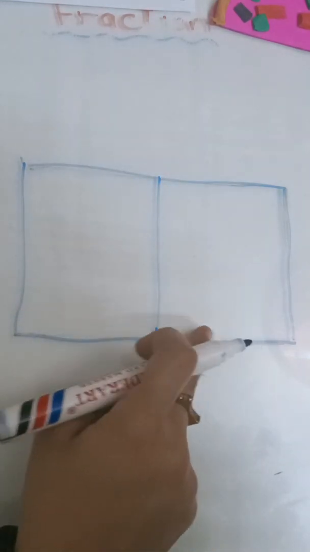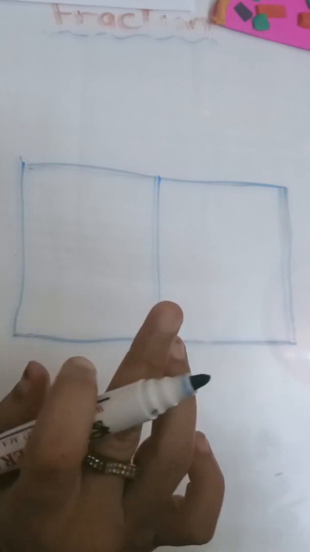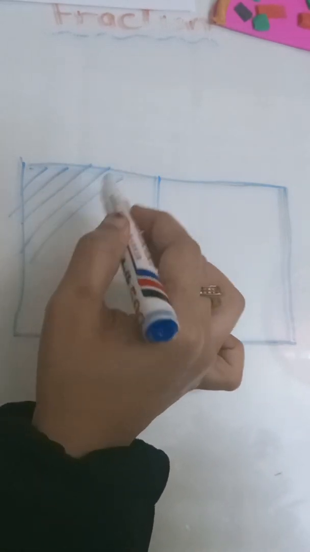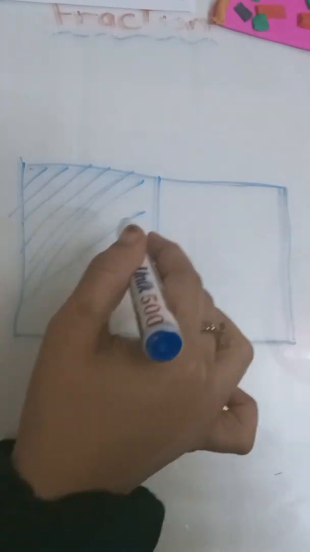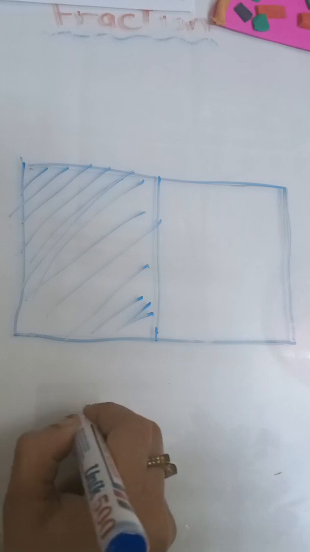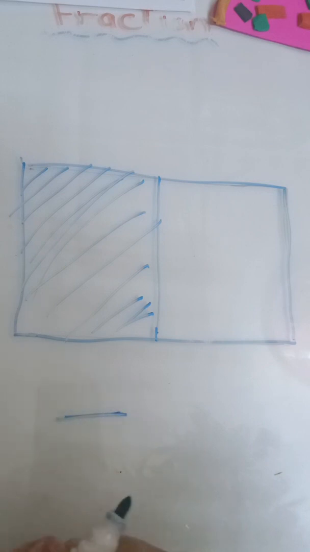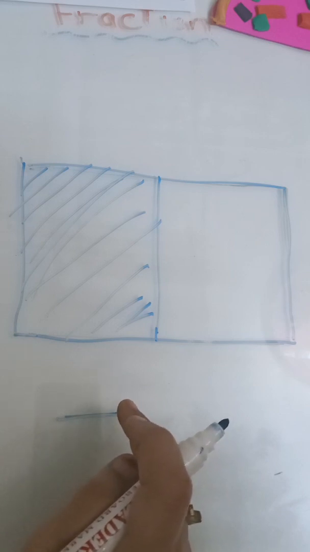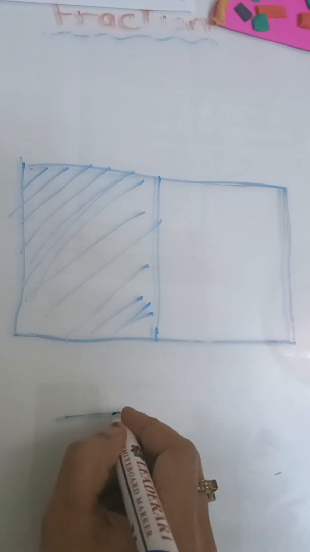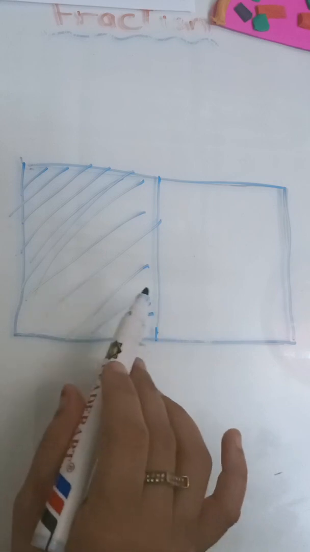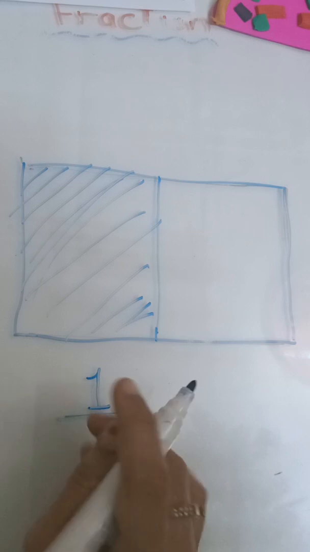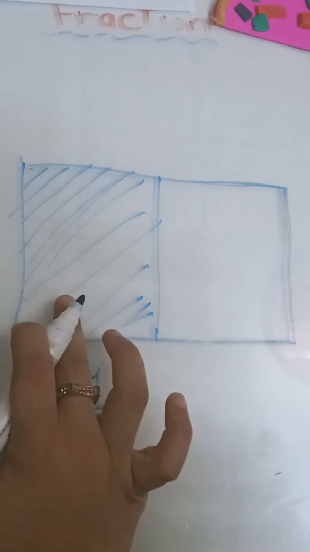We have here equal part or no? Equal part. So if I ask you, write the fraction here, Miss, we will put the fraction part and write in the up or numerator is what? Colored part. How many colored part here? 1 only. And how many all parts here? 1, 2.